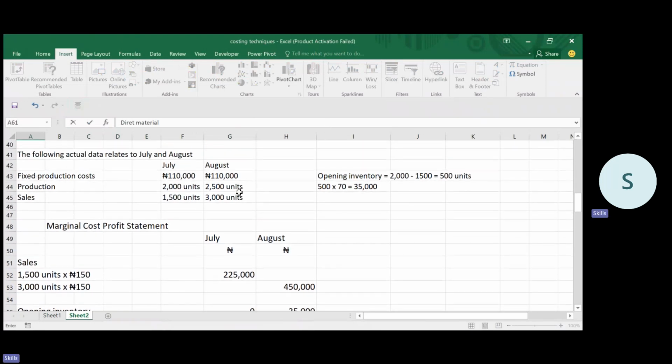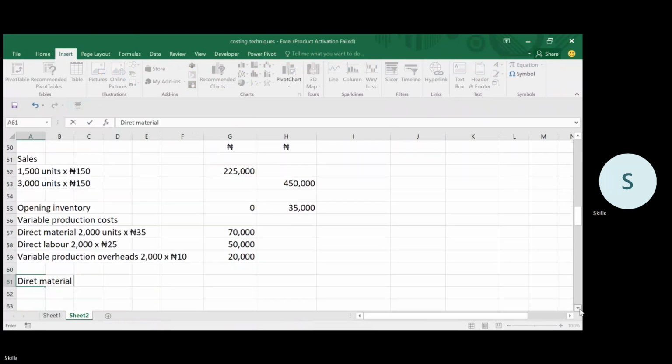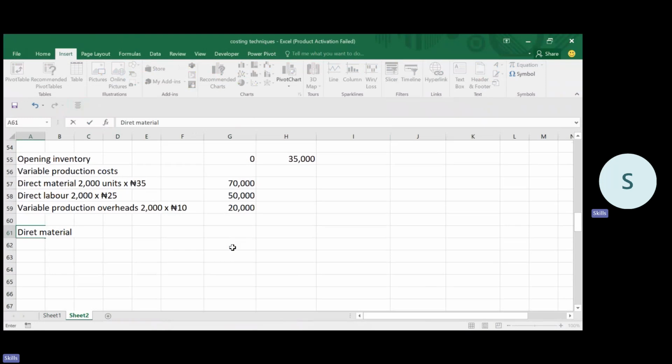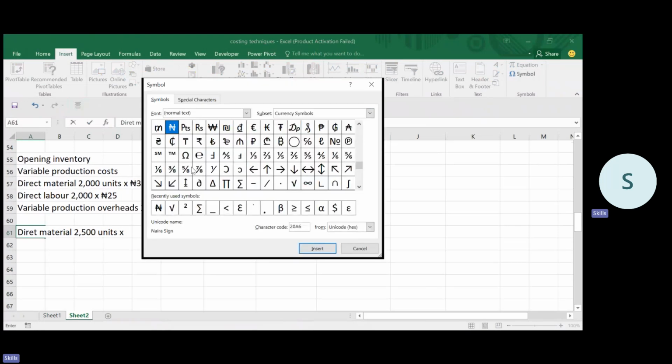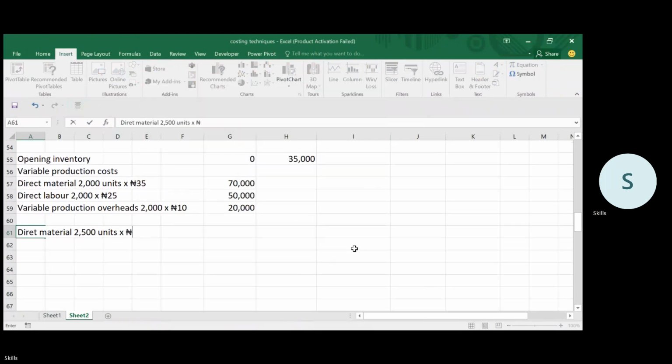In August, we have 2,500 units produced, at the same 35 naira per unit for direct materials.